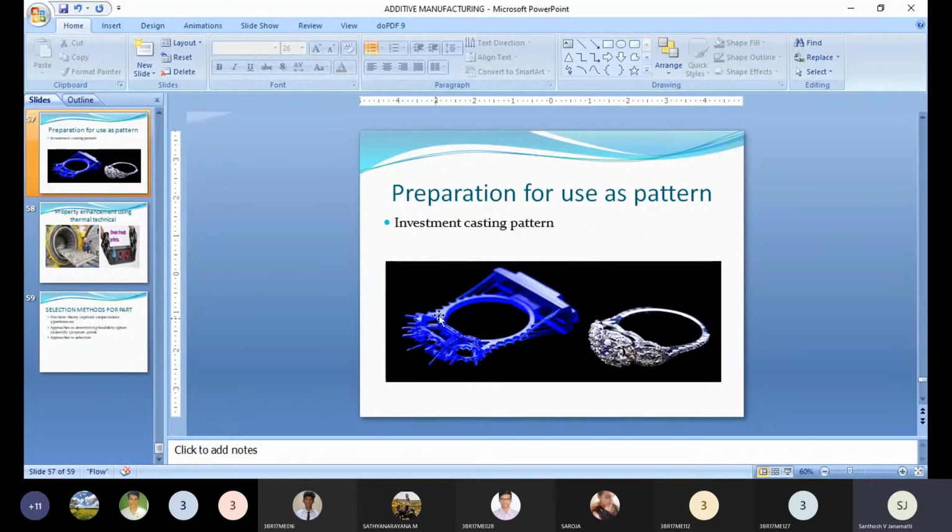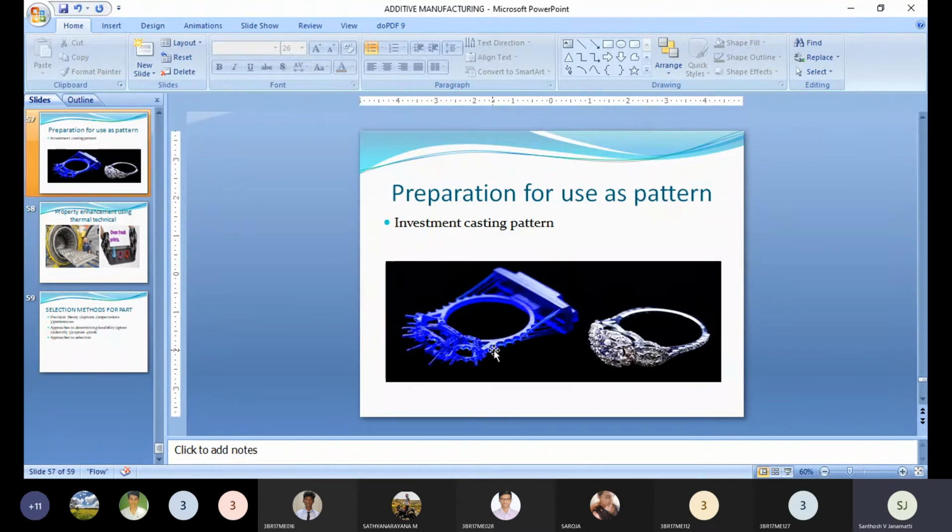Here we have the pattern. This pattern is made using 3D technology. We can say this is a preparation. We need to prepare patterns to create such complex 3D products. This is a polymer pattern, which is made by the FDM process, fused deposition method.